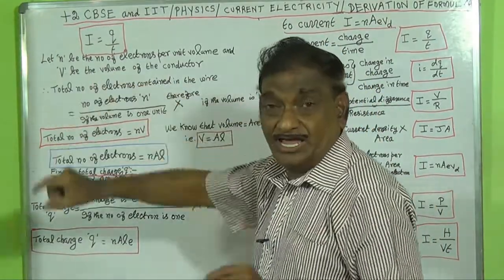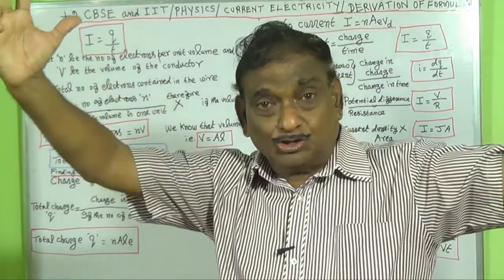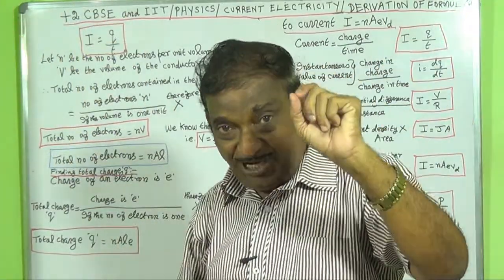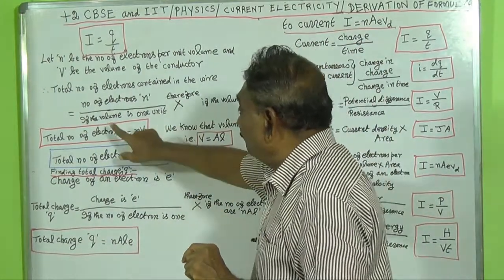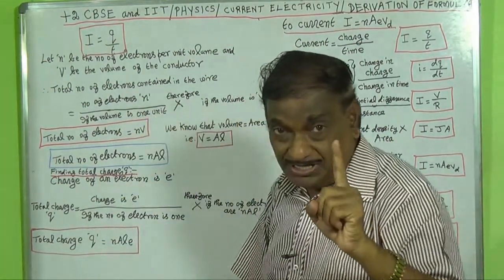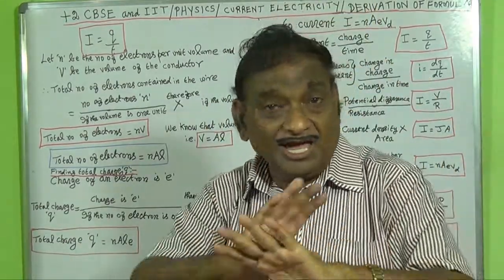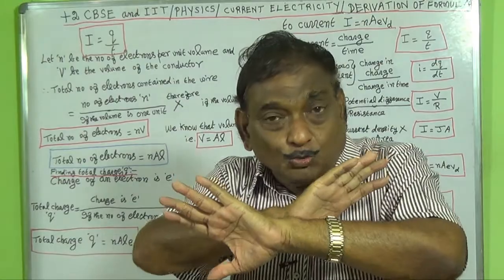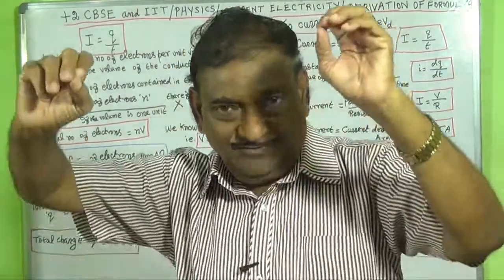This n is the number of electrons per unit volume. We are also having the total volume, that is V. Therefore, we can write, if the volume is 1 unit, the number of electrons is small n. But here the volume is not 1 unit. The volume is considered as capital V.